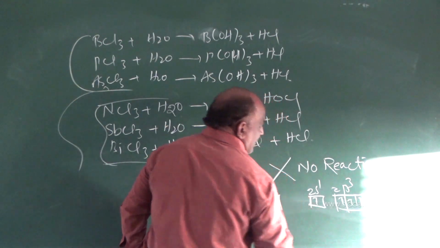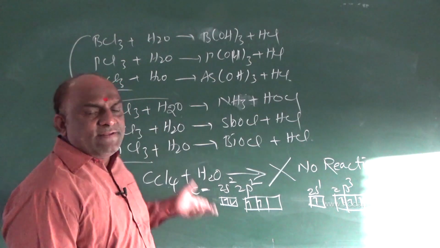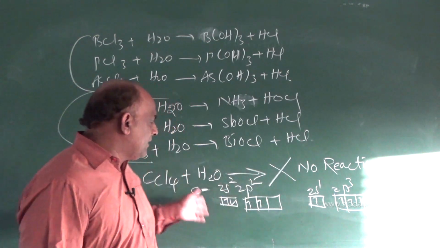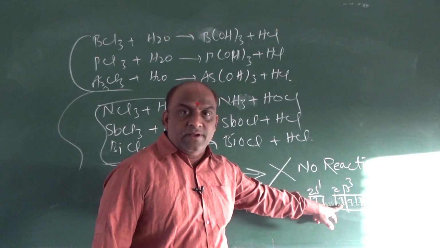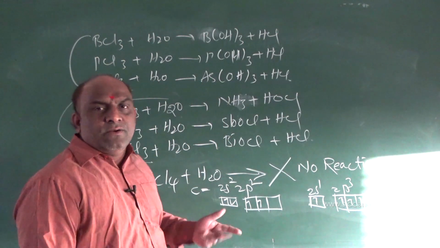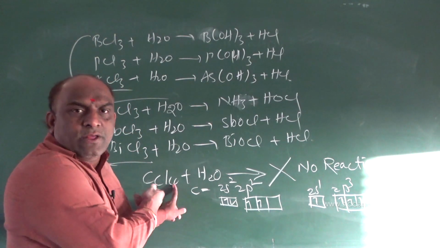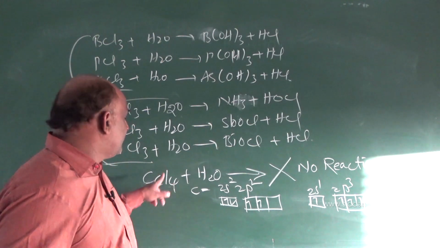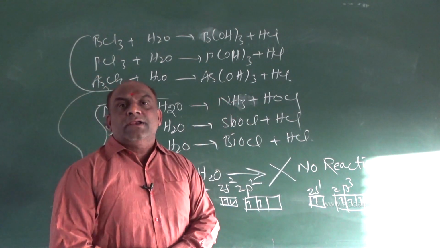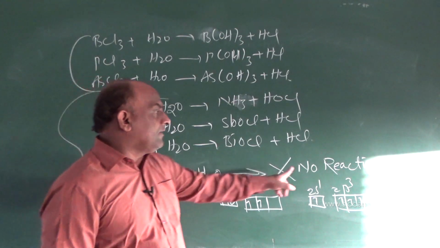Here condition 1 is satisfied: nitrogen doesn't have d orbitals, and similarly the carbon atom also doesn't have d orbitals. But nitrogen is combined with chlorine, and we know chlorine has vacant d orbitals. Here also a chlorine atom is there, with vacant d orbitals. This chlorine atom does not accommodate the electron pair coming from the oxygen atom. Due to that reason, this reaction does not take place.